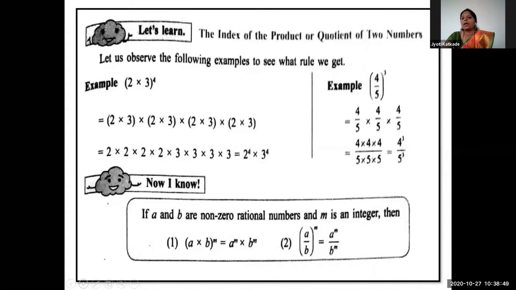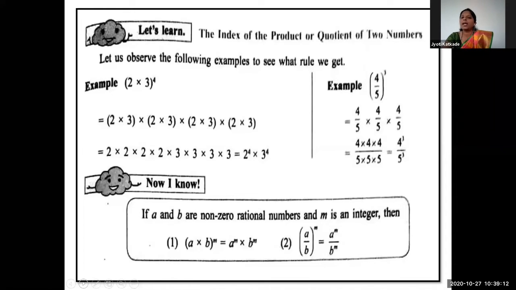In the same way, in division also, see the second example, 4 divided by 5, bracket raised to 3. Bracket raised to 3 means take the multiplication of that bracket 3 times. 4 divided by 5 into 4 divided by 5 into 4 divided by 5.